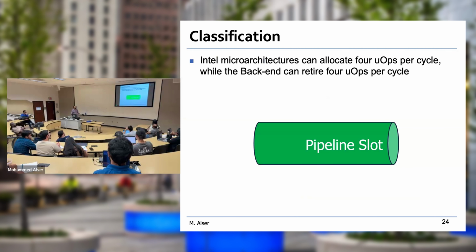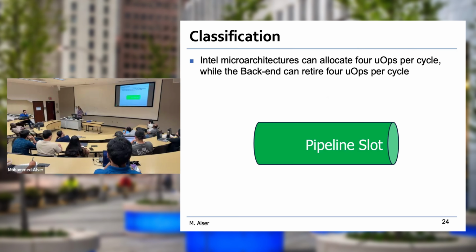Now, to give you more idea, this is what's considered a pipeline slot, which you can consider as the ALU or CPU, the processing unit itself. In Intel microarchitecture, the instructions going through the pipeline slot are considered micro operations. This is what they call them, which is the lowest level related to the actual hardware. You can consider it as machine code or assembly language.